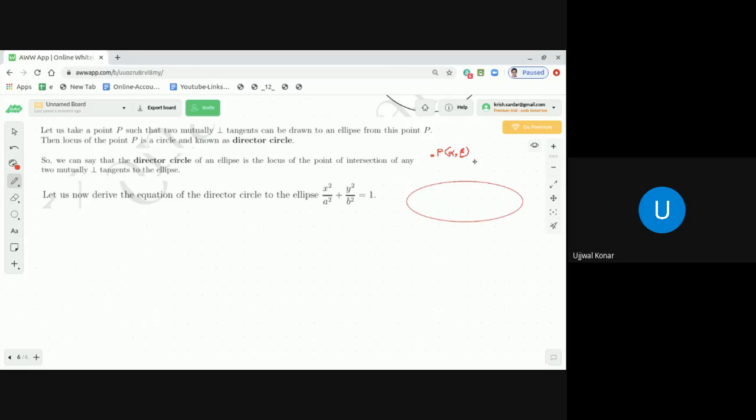Now, as we just learned a few minutes back, from that point P we can draw two tangents, correct or not? So let me draw one tangent in the green color. This is one tangent, and another tangent I draw in the blue color. So this is another tangent. Dear students, you see that one tangent does not exactly look like a tangent.